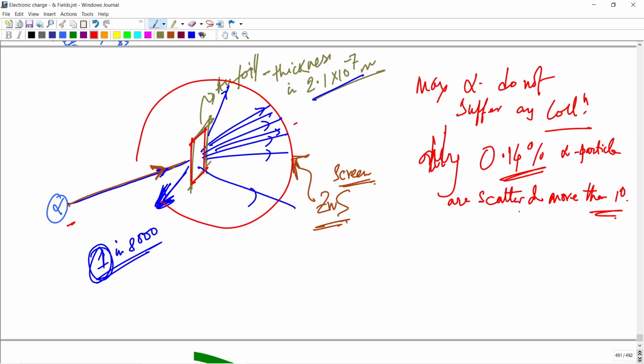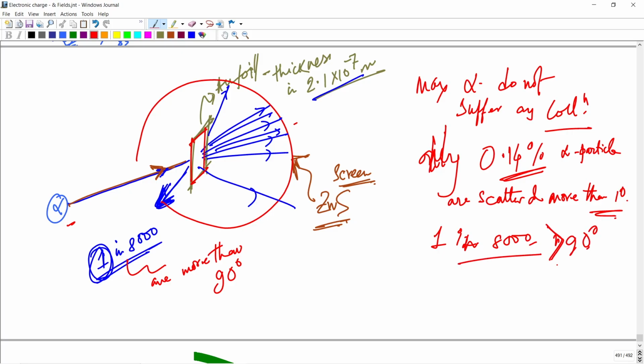That is a very small number. And 1 in 8,000 are scattered by more than 90 degrees.